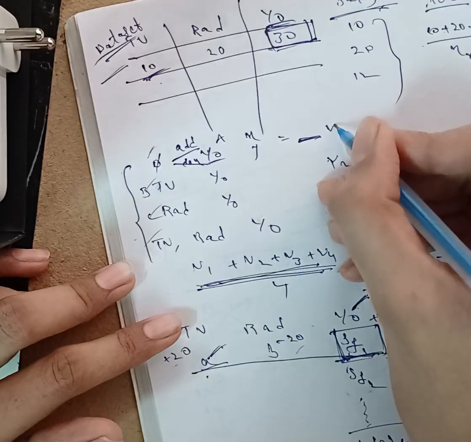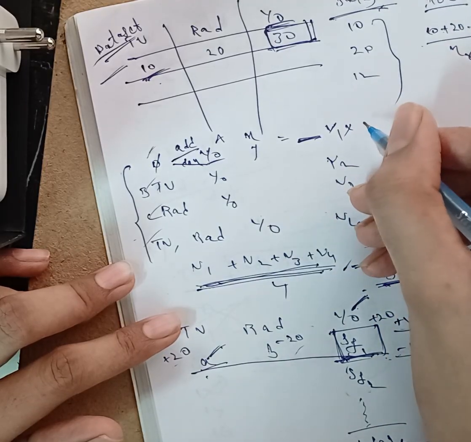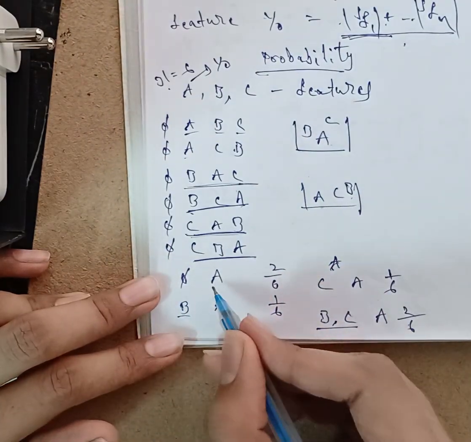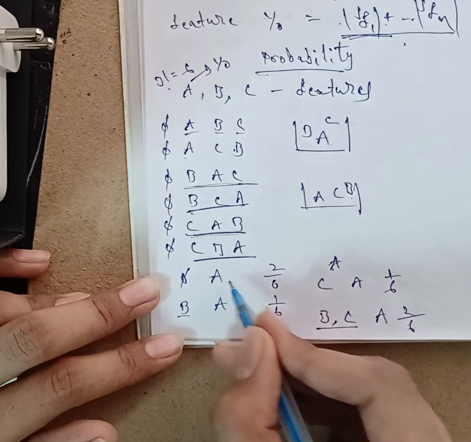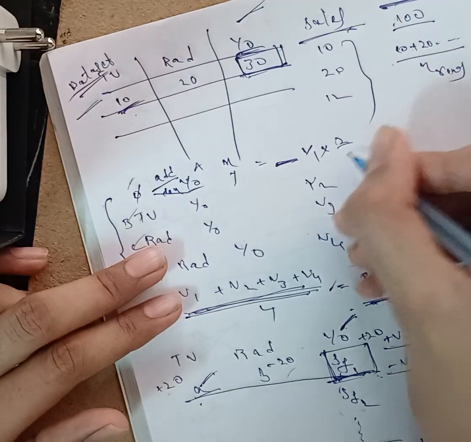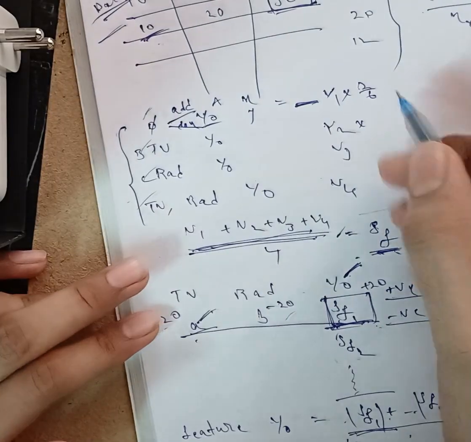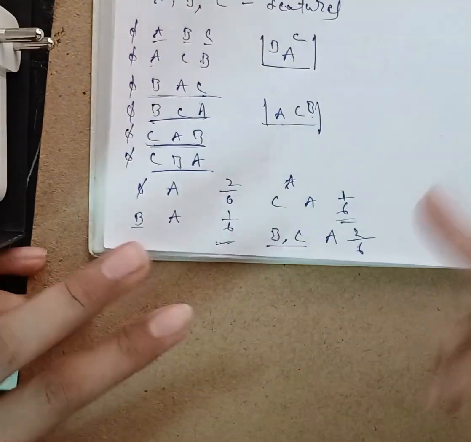Let's say for this particular value we got V100, so we need to multiply it with the probability. If we have nothing and a got added to it, and here we are considering a as YouTube, the probability is 2 by 6, right? So we need to multiply this with 2 by 6. Similarly we need to multiply this with 1 by 6, and 1 by 6, and finally this we need to multiply with 2 by 6.